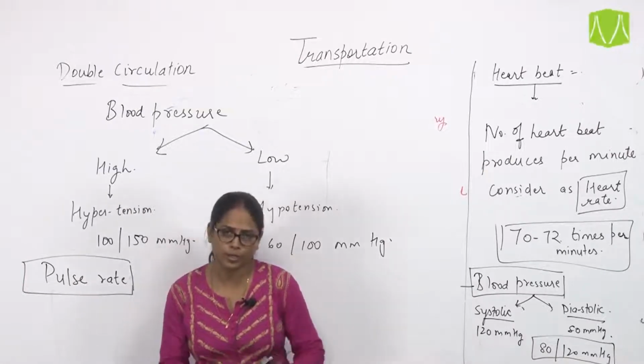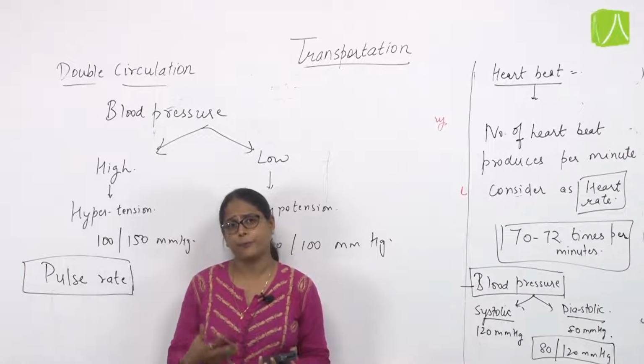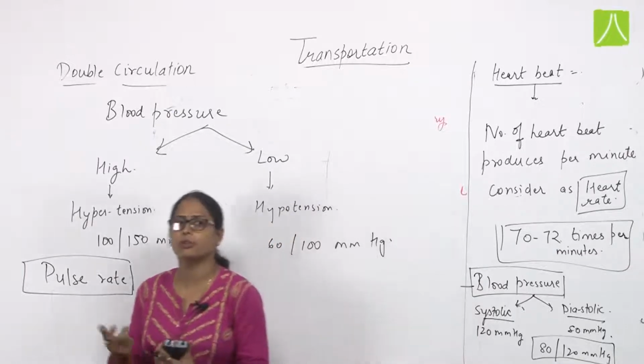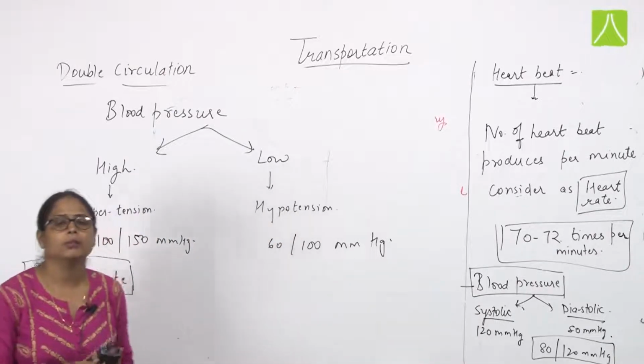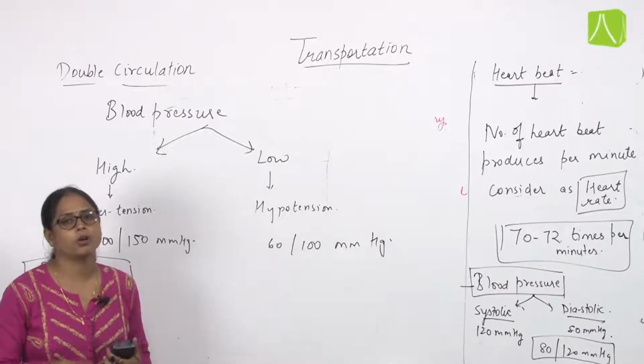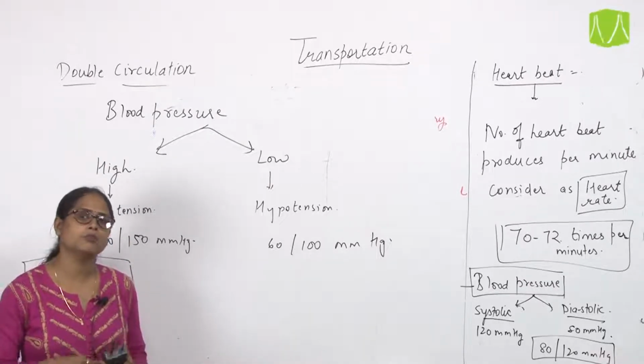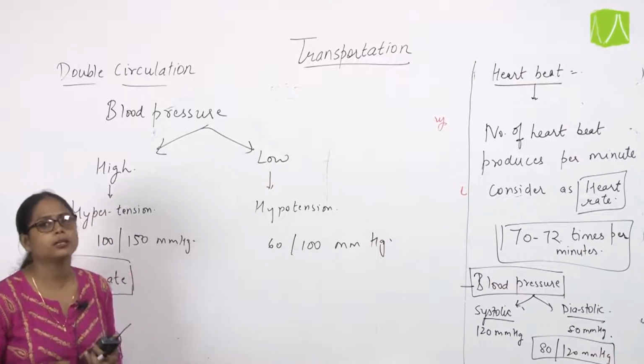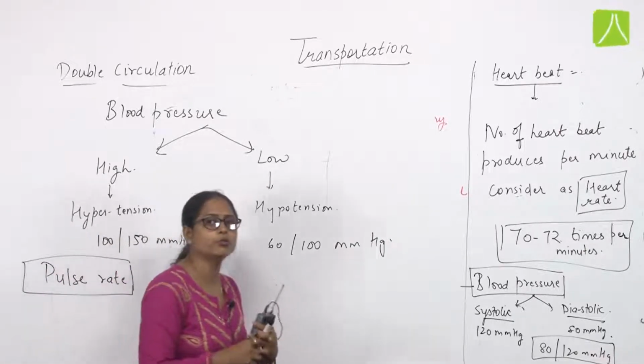What they are doing is, whenever the heart pumps blood, the heart is in the systolic phase. In the systolic phase, the heart pumps the blood with higher pressure, and that high pressure blood moves to the arteries.